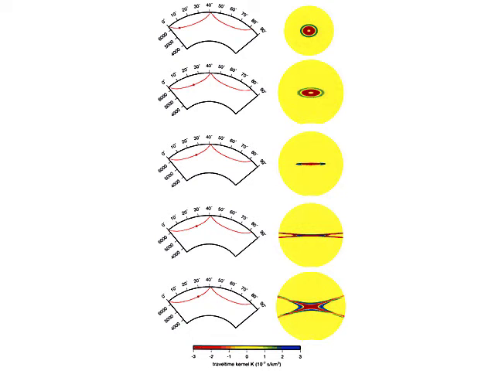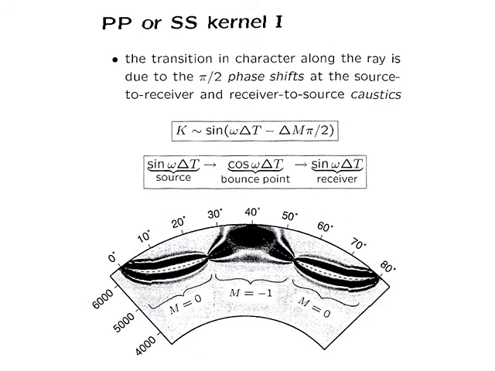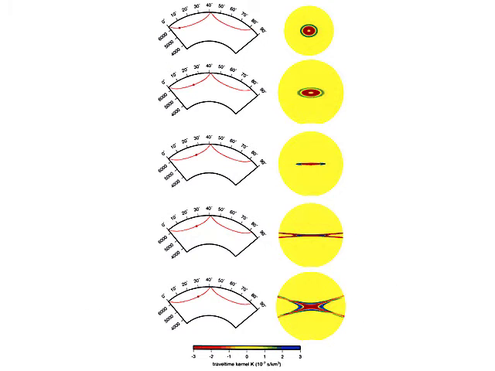As you go toward the receiver, one thing I didn't say: this point here is the source to receiver caustic, but there's reciprocity going on, so you also end up with a squeeze-off point like this at the receiver to source caustic. Here, this dot is moving toward the receiver to source caustic, and you see that it gets kind of flat looking. When you get really near the caustic, it's really flat looking. Then when you go through the caustic, it flips out into this sort of saddle-shaped thing.